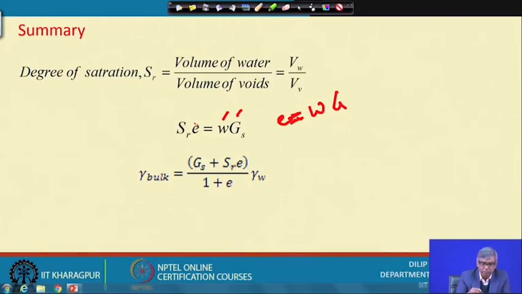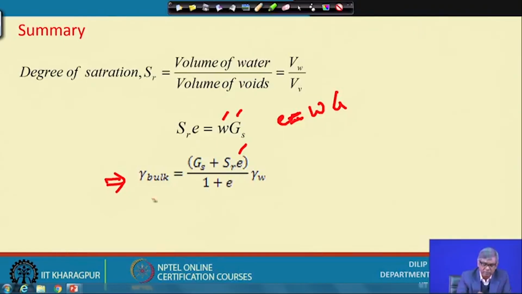Then, using specific gravity, degree of saturation and void ratio, there is an equation for bulk unit weight, and if you remember this, it can be utilized for different cases. If S_r equal to 1, saturated, then I can get the saturated unit weight. If it is dry, S_r equal to 0, then that can be modified to give the dry unit weight. Similarly, I can find out the submerged unit weight.